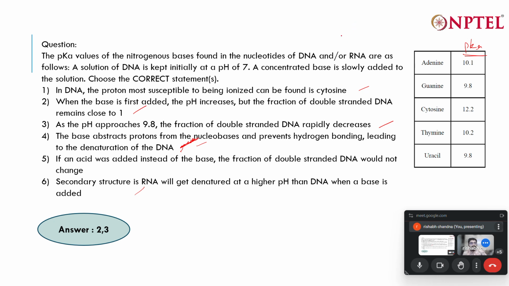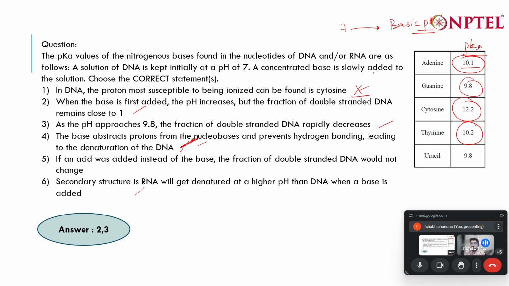If we are moving from pH 7 to the basic pH, any of these can lose protons, because this is also more than pH 7, this also, and this also. So all will be already protonated in that scenario. Okay, so this is wrong.